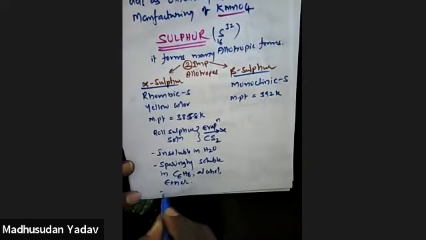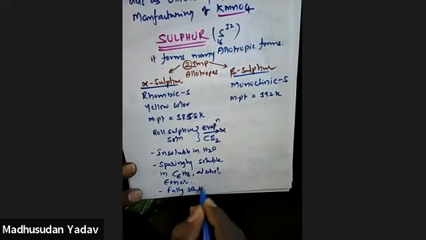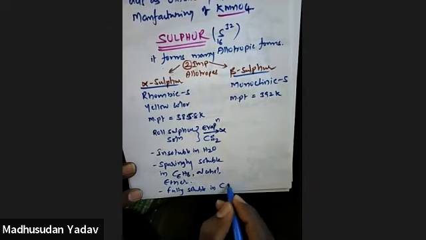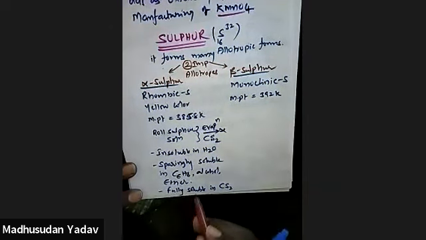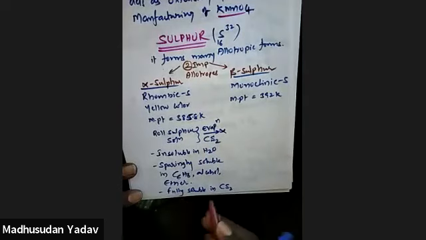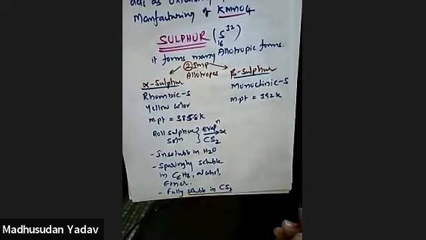And it is fully soluble in carbon disulfide. So this point is important. Alpha sulfur is soluble in CS2, carbon disulfide, it is highly soluble.